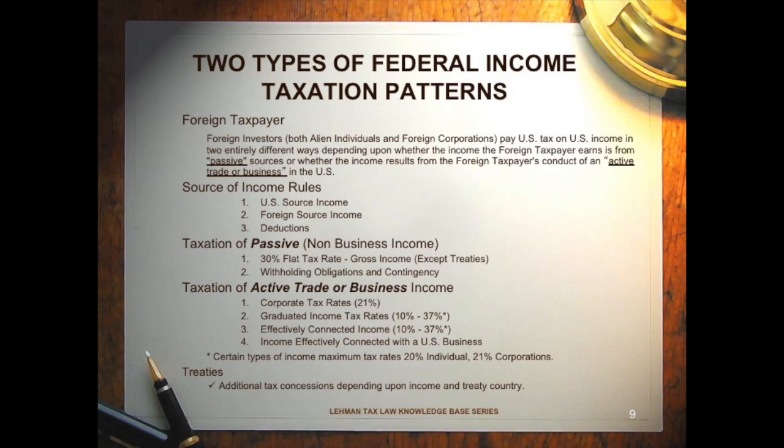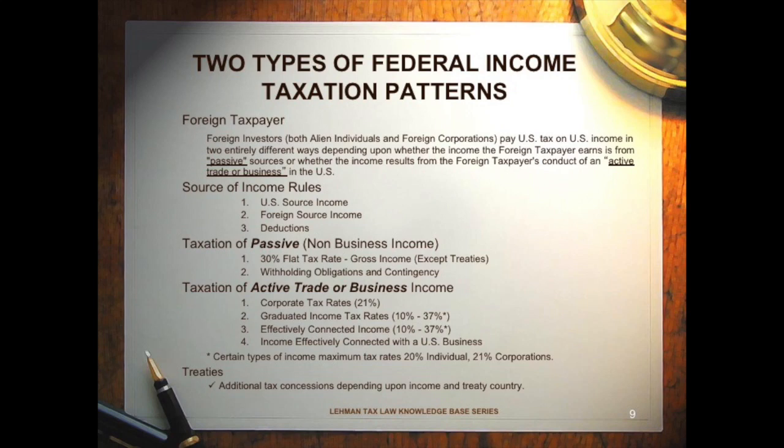And we're going to identify U.S. source income and foreign source income, and also the deductions that relate to that U.S. source income or foreign source income. If it's U.S. source income, there's a good chance, depending on the type of asset, the foreigner will be taxed on gains and income that they make from their U.S. source income.